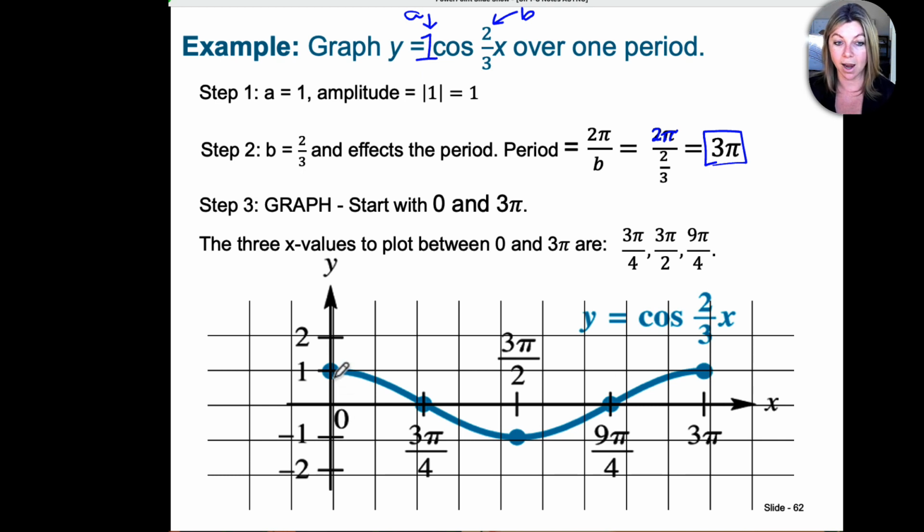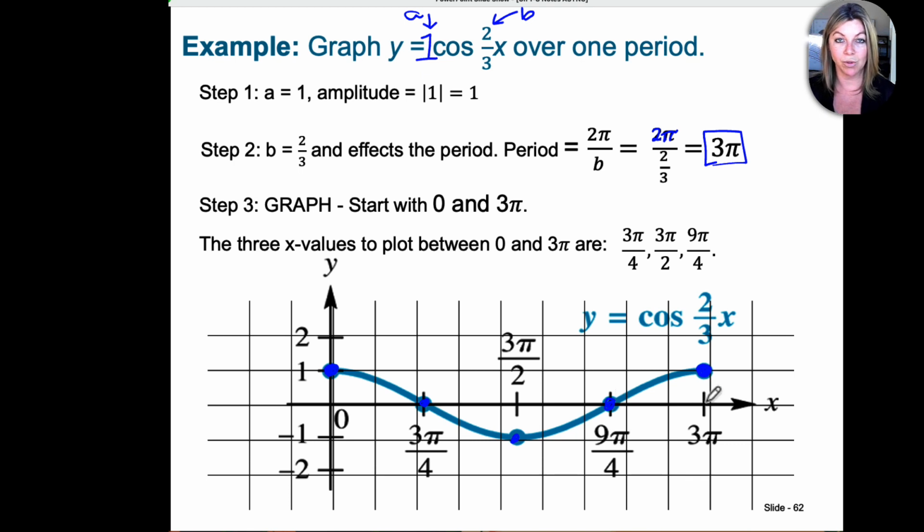So for cosine, we're starting here up high. We're ending here up high. And our 3 points in between that help us sketch cosine are 1/4 of the way there, we're at x equals 0. Half of the way there, we're at the minimum. And 3/4 of the way there, we're back to x equals 0.